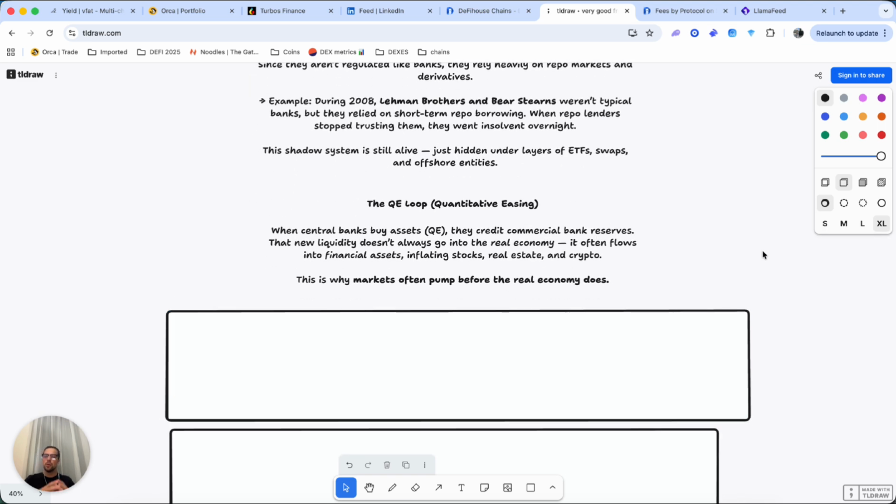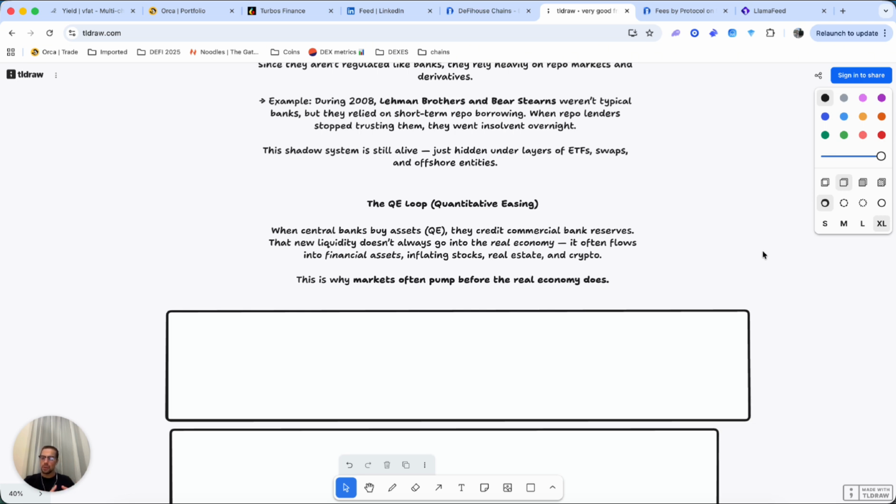Now, the QE loop. QE stands for quantitative easing. So when the central banks like the Fed, ECB, Bank of England, Bank of Japan, Bank of China, everyone, when central banks are buying assets, they are actually deploying money and credit into the commercial bank reserves.